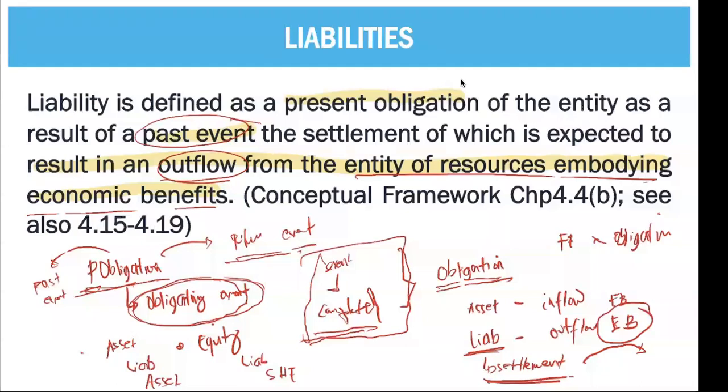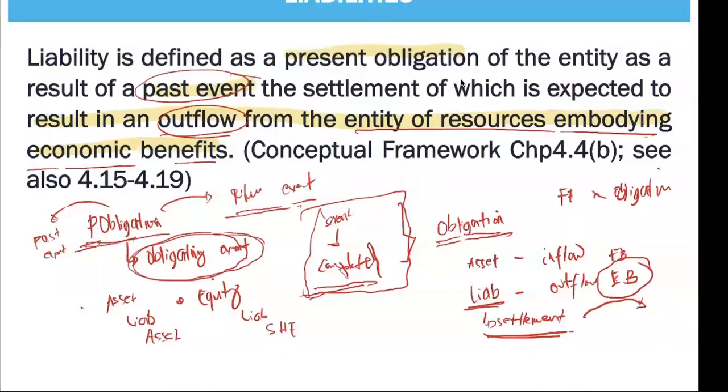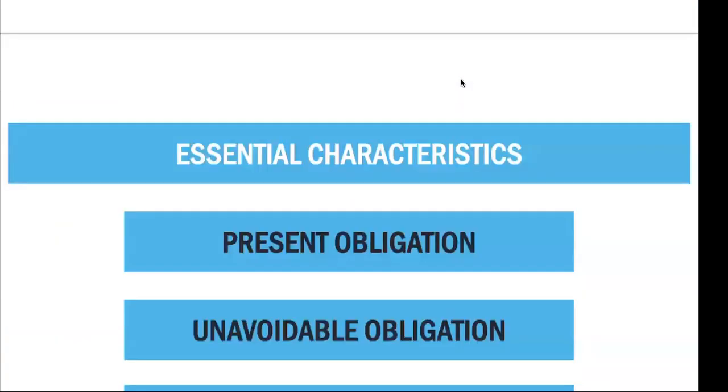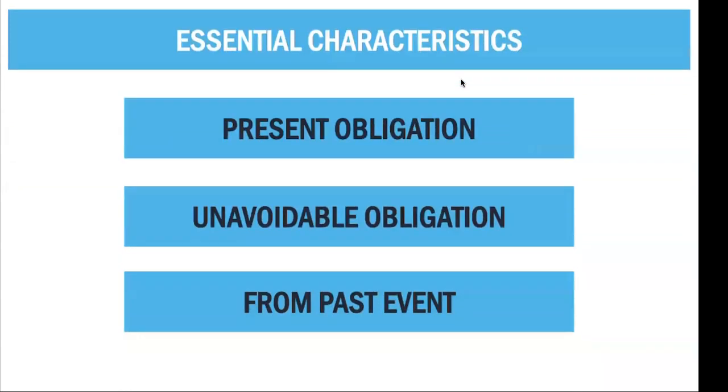So having defined now your liabilities, we look into the essential characteristics. First, it is a present obligation. So when we say it is a present obligation, again, take note there must be a past event which obligates you currently to settle a liability. Remember that.